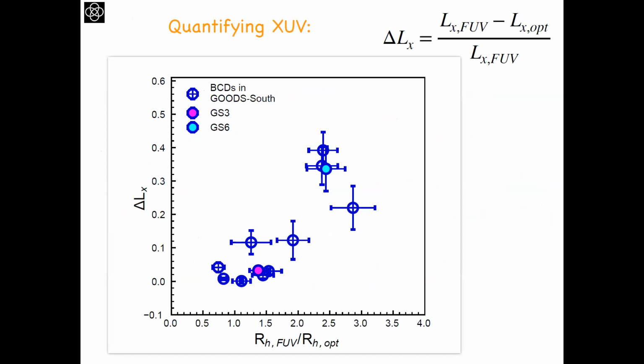When the ratio is greater than 1, we also estimate the amount of light that is between the PSF convolved optical boundary and the FUV boundary. So we estimate the total XUV light, basically. And we see that of the 14 BCDs, we have 10 cases with extended UV emission in this part.